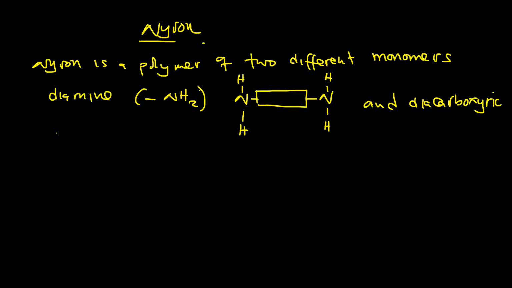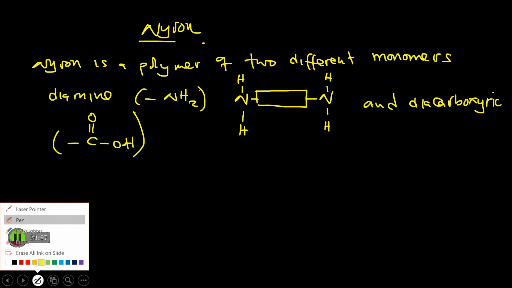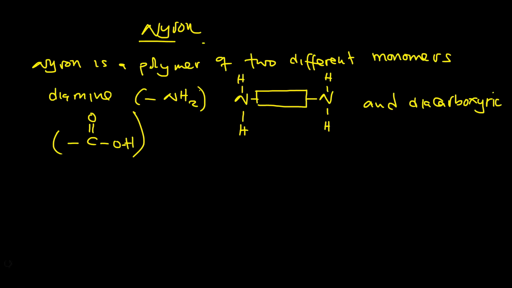The functional group of dicarboxylic is the carboxyl group at the end, which we already know. Now, how does it look in terms of structure? It looks like this.